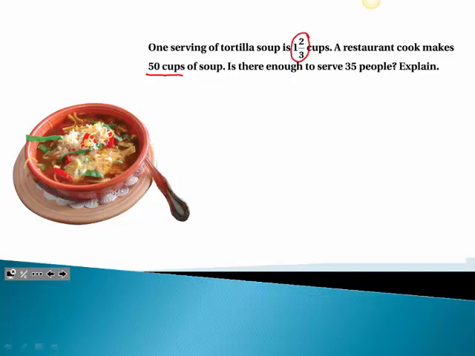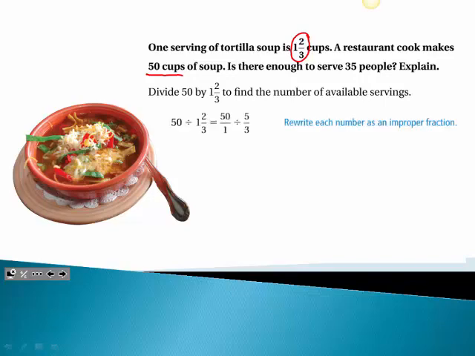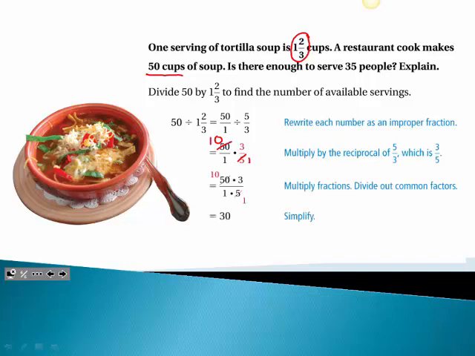And we need to find out, do we have enough for 35? So first, let's figure out what we do have. We can divide 50 by 1 2/3 to figure out how many servings we have. So make it improper, 50/1 divided by 5/3. Keep, change, flip, simplify diagonally, multiply, and get 30.